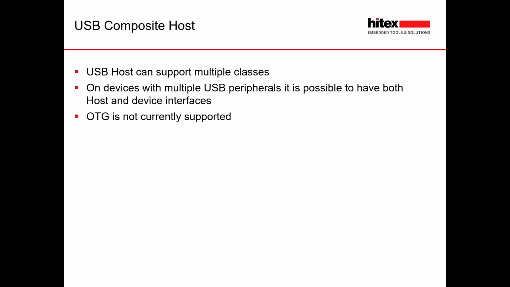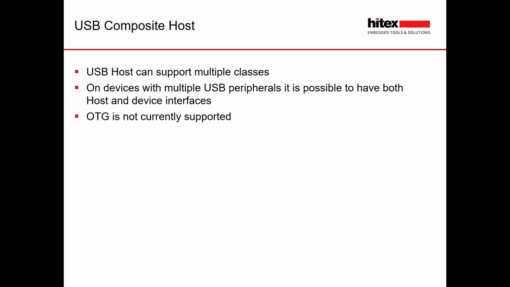Like the device, the host can support multiple classes. So again, we can have HID and mass storage on the one device. If we've got multiple peripherals, we can have multiple instances of the library. So we can have one peripheral running as host, another peripheral running as device.